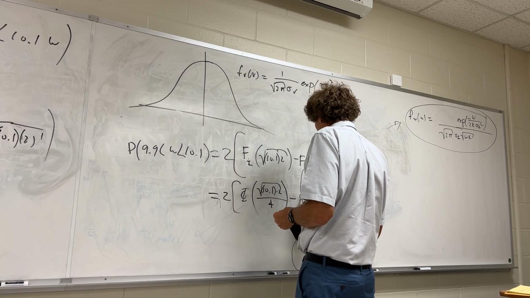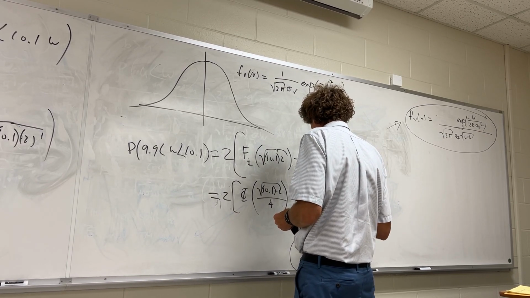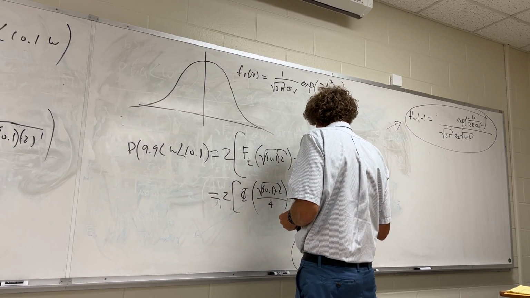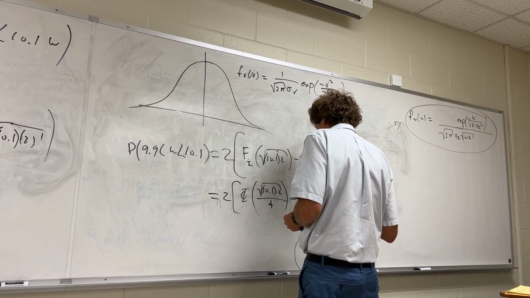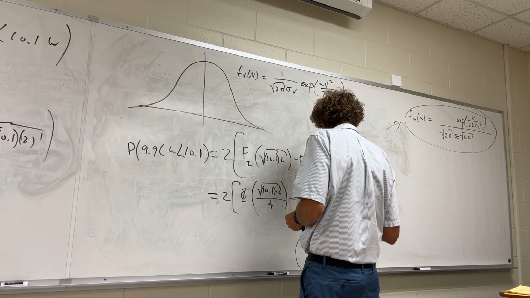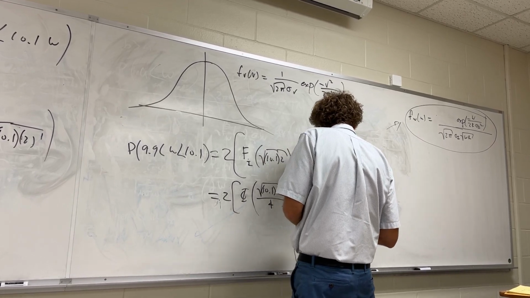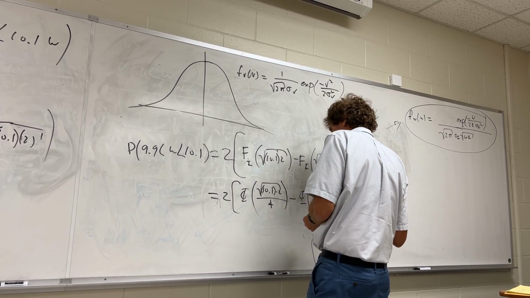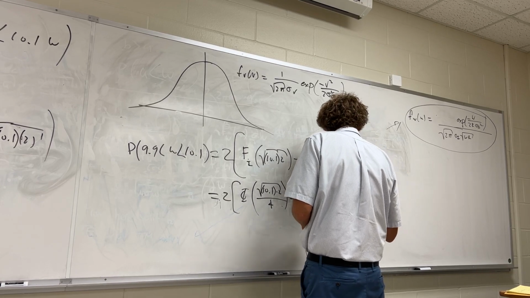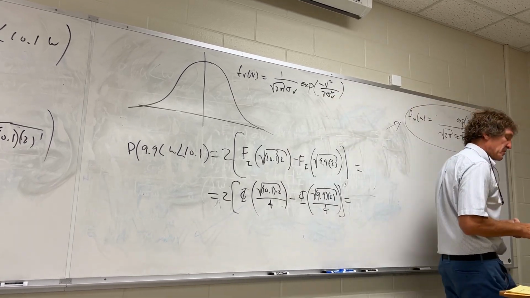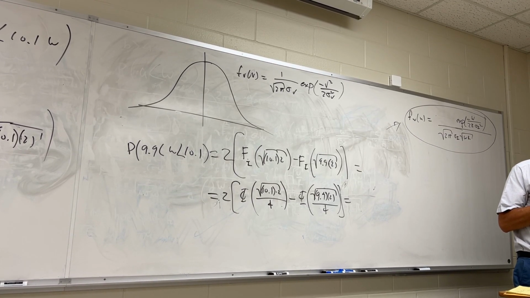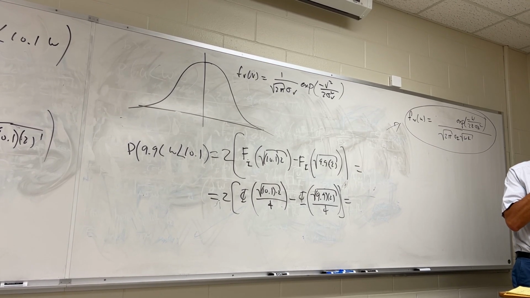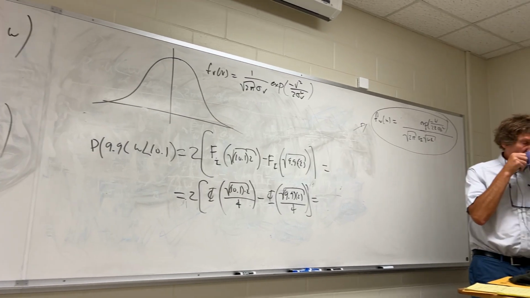Minus the characteristic function of the square root of 9.9 times 2 over 4. That's 4 outside. And what is that value? If your calculators allow you to put in the mean and standard deviation to get this cumulative distribution, you can go straight for it. You don't need the characteristic function.